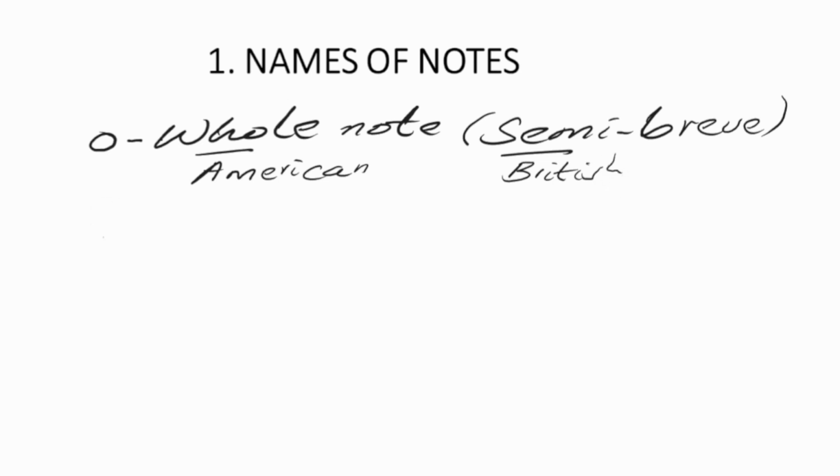We have the next note, also the oval shape with a vertical line joining at the end of that oval. This is called a half note. Also known as a minim.